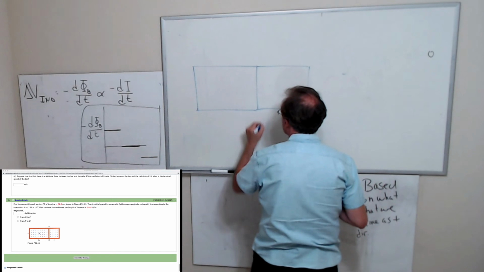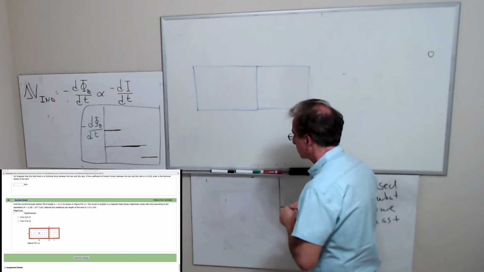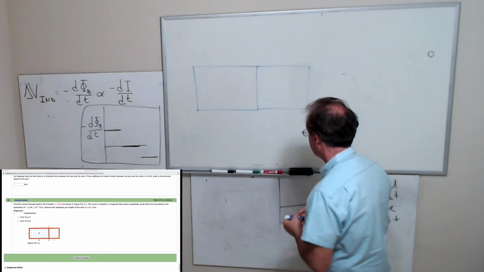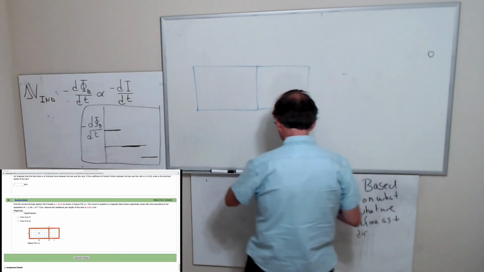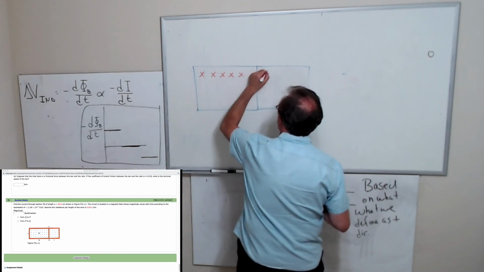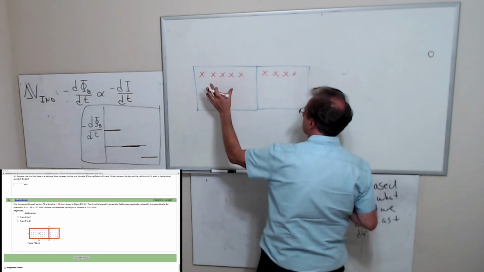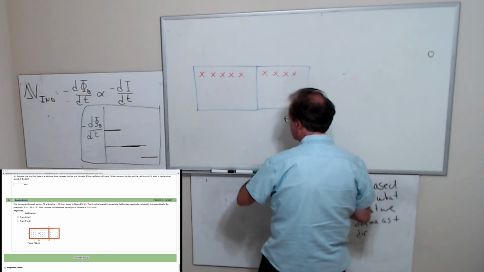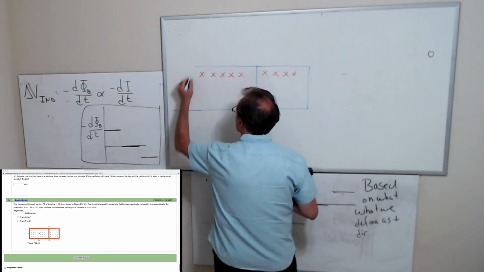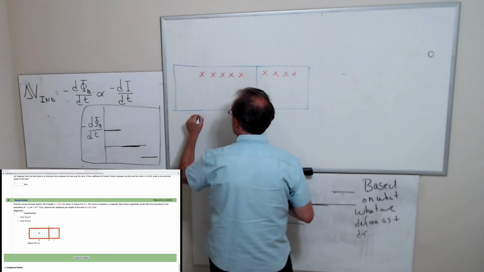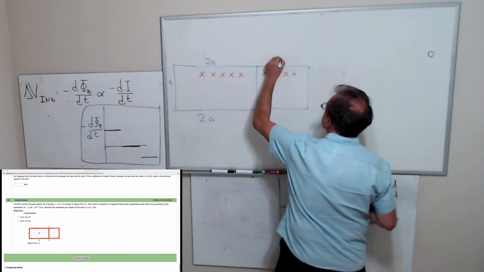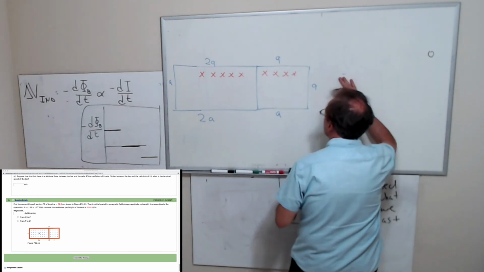Remember, we're dealing with a non-conservative electric field, so there is no such thing as E equals minus the gradient of V. So we have the magnetic field into the board. The left side is twice the area of the right side, so maybe I should exaggerate this a little bit. This is 2A, this is 2A, that's A, that's A, that's A, and that's A.